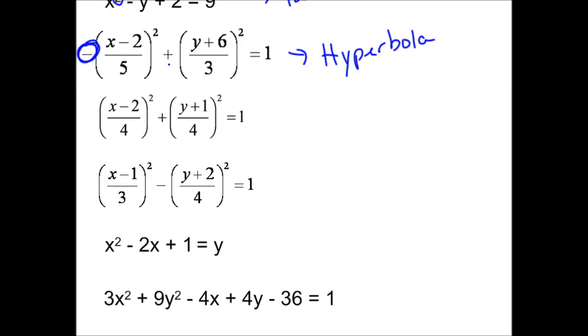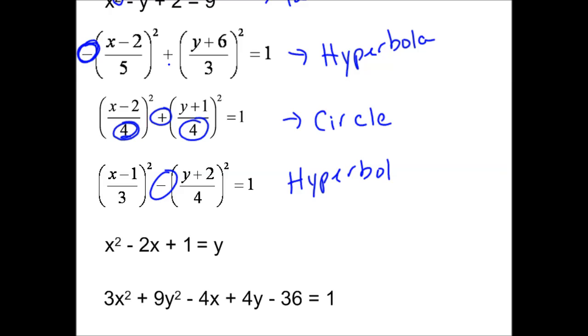Again, this one looks like maybe it's an ellipse, but since these are the exact same number and you've got a plus sign, this is a circle. Automatically you see the minus sign, so you should think hyperbola. Only one term is squared here, so that is a parabola.